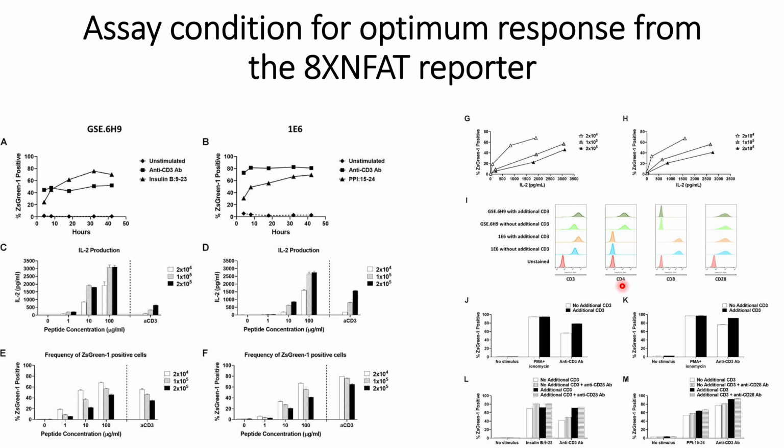When they checked the CD4 levels, they are increased with the addition of the CD3, that can be seen here. And the CD8 levels go down with the addition of the CD3, that can be seen here. But the CD28 levels remain the same with and without the addition of CD3.